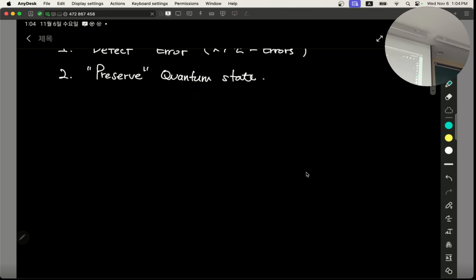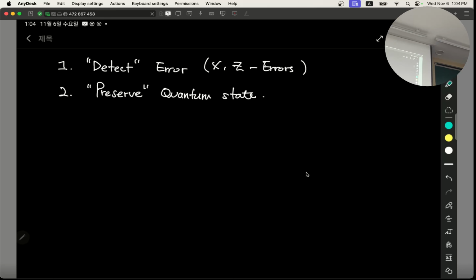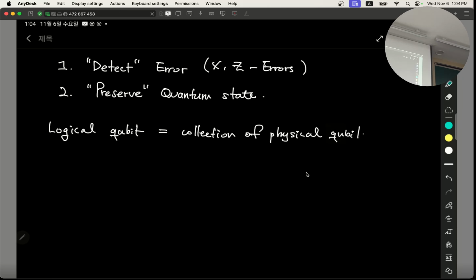So let's think about it this way. In order to keep these two principles in our quantum error correction code, we need to change our mindset from physical qubit to logical qubit. The logical qubit is a collection of physical qubits that acts like a qubit.